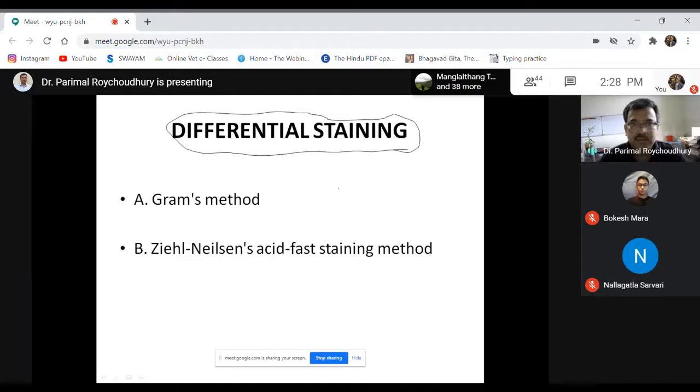So Gram's staining technique is an example of differential staining, because it can differentiate gram-positive and gram-negative bacteria. The main basis of this differentiation is the differences in their cell wall components. Similarly, we have another differential staining called the Ziehl-Neelsen acid-fast staining method.